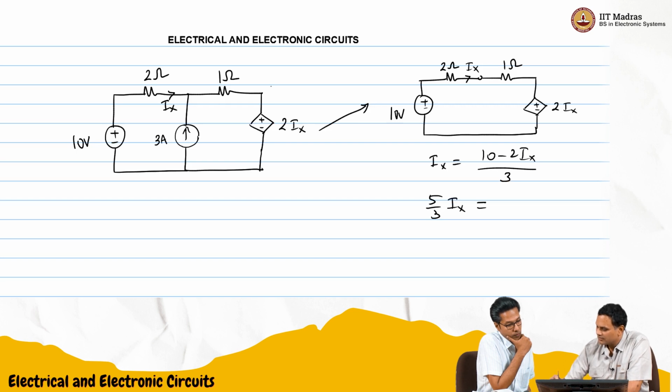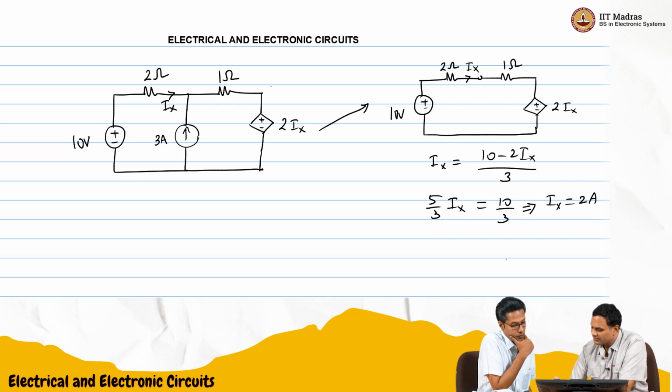So 10 by 3 is on the right side. This 2 by 3 Ix I took to the other side, so 1 plus 2 by 3 is 5 by 3. So Ix is 2 amperes. So this is Ix1. Just call this Ix1.